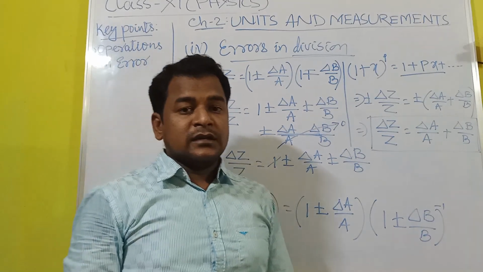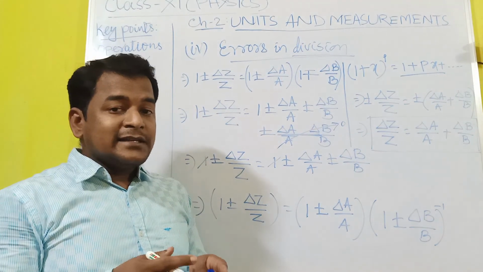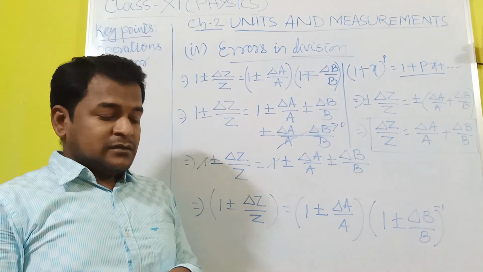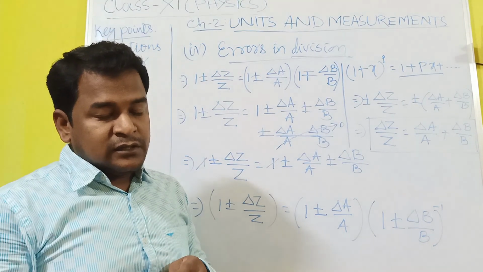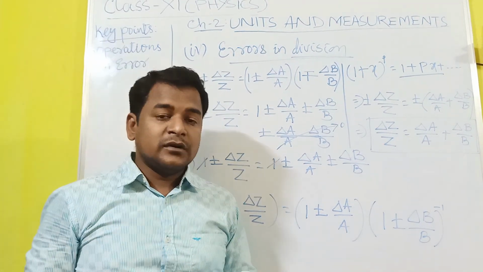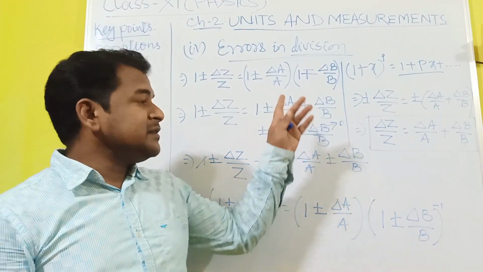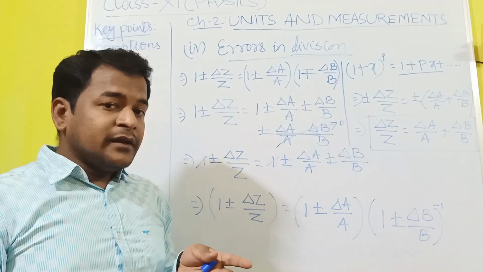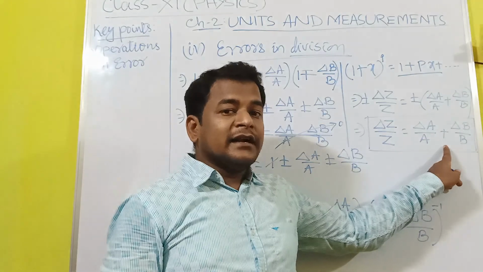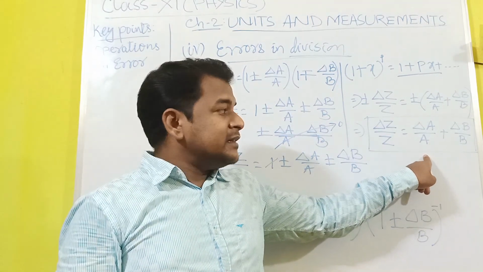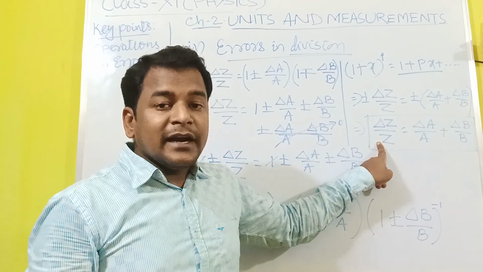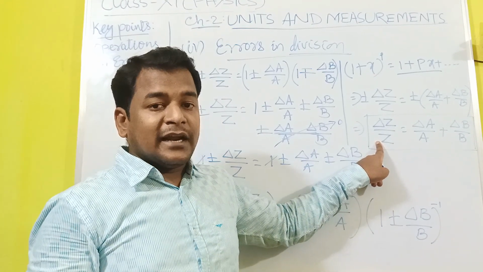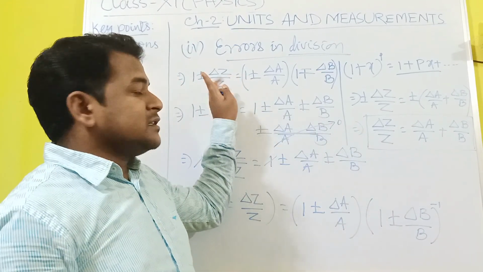So we conclude that in case of addition and subtraction, finally we are adding the absolute errors, whereas in case of multiplication and division, what we are doing? We are adding the relative errors, and their result is also the relative error or the fractional error of the result, that is z.